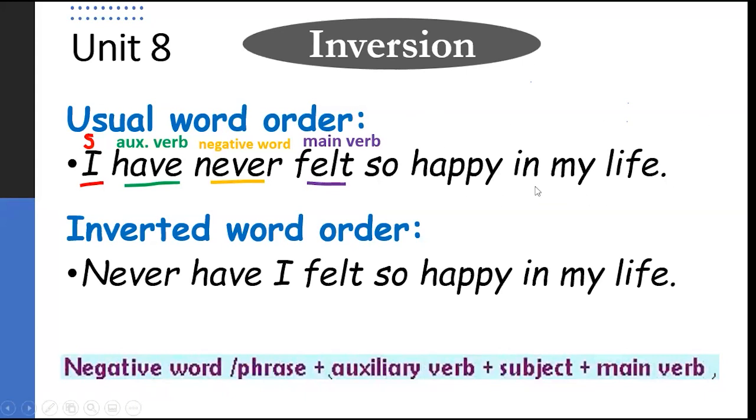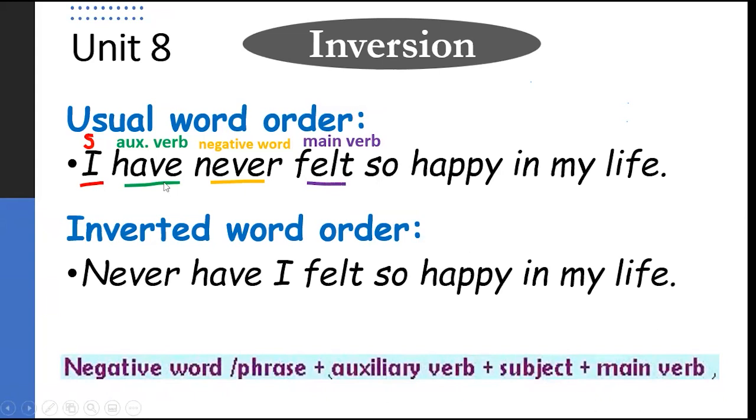Okay, so when we want to change this sentence to inversion, we have to follow this form. First we start with the negative word or inverted word, then we put the auxiliary verb, then the subject comes, and then the main verb.